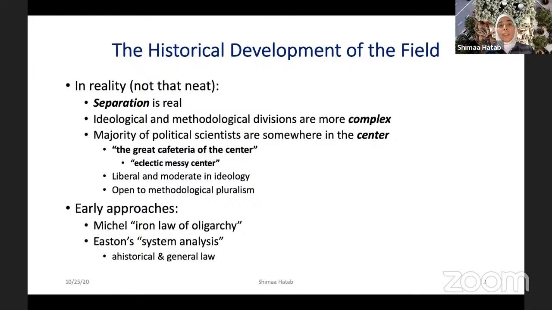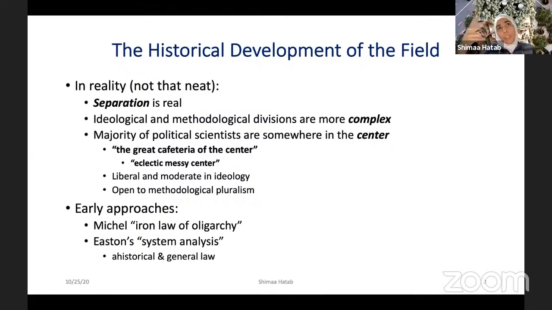Then Michels came up with this iron law of oligarchy, meaning in these kinds of vast bureaucratic organizations and institutions, decision-making power would be gravitated to the top personnel or the top hierarchy of these institutions in order to make decisions. And then he made this general theoretical statement about the iron law of oligarchy.